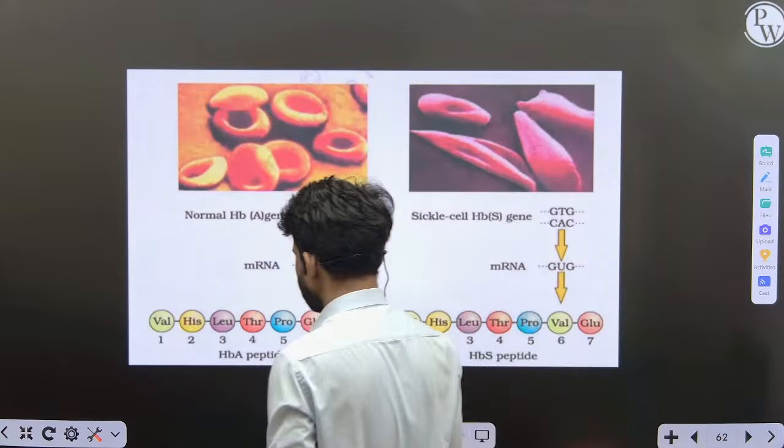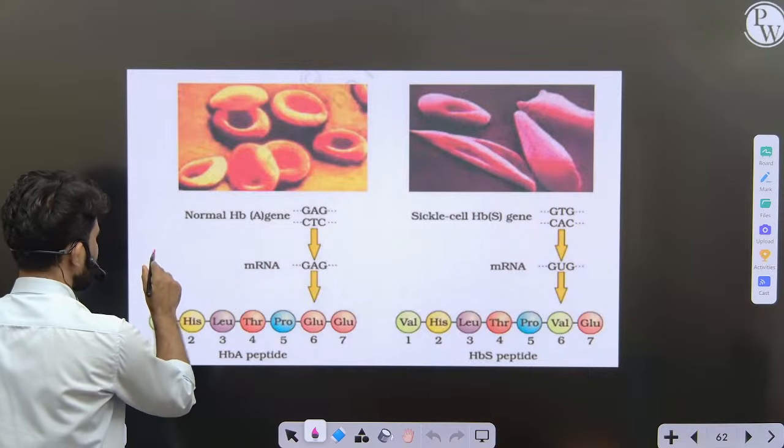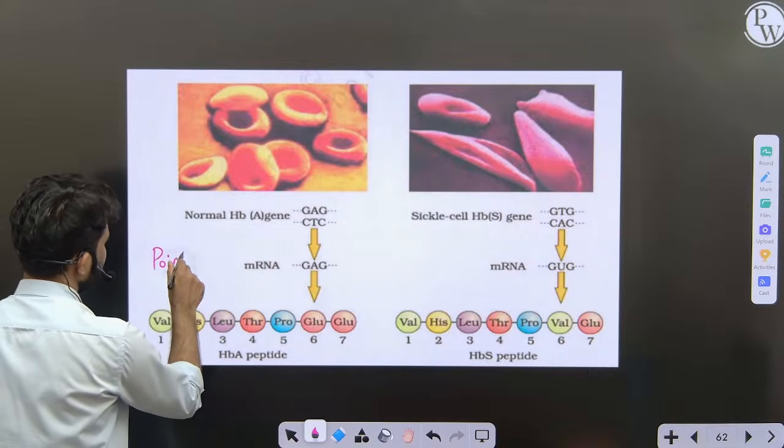Sickle cell anemia takes place due to a point mutation.